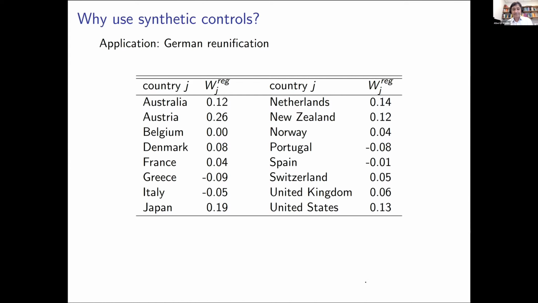Here you have non-sparse weights, and some of them are negative. And this makes it much more difficult to interpret the nature of this estimated counterfactual, because now perhaps the contribution of Austria is moderated by the negative weight of Italy or Greece. Okay, and it's very difficult to figure out what's going on here, and that's the cost that you pay for not having sparsity.